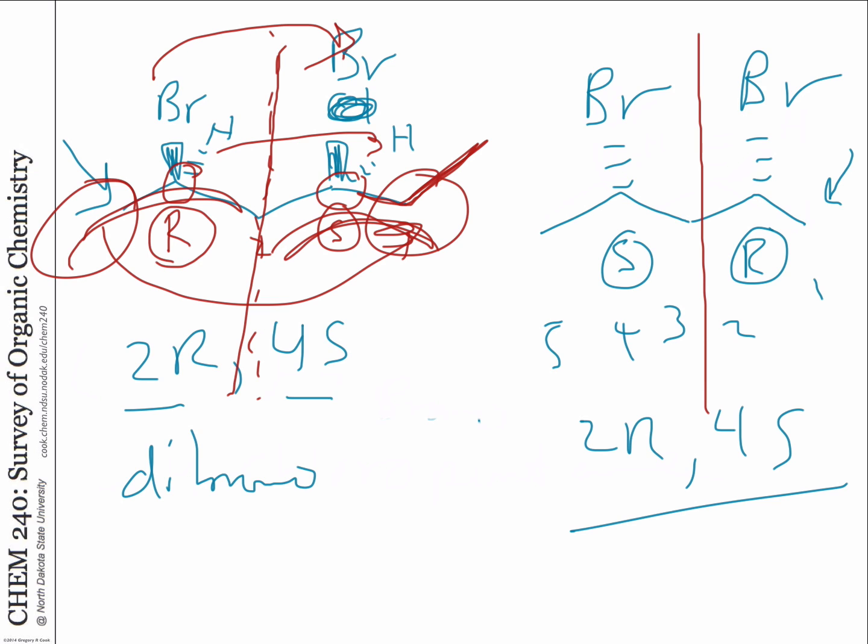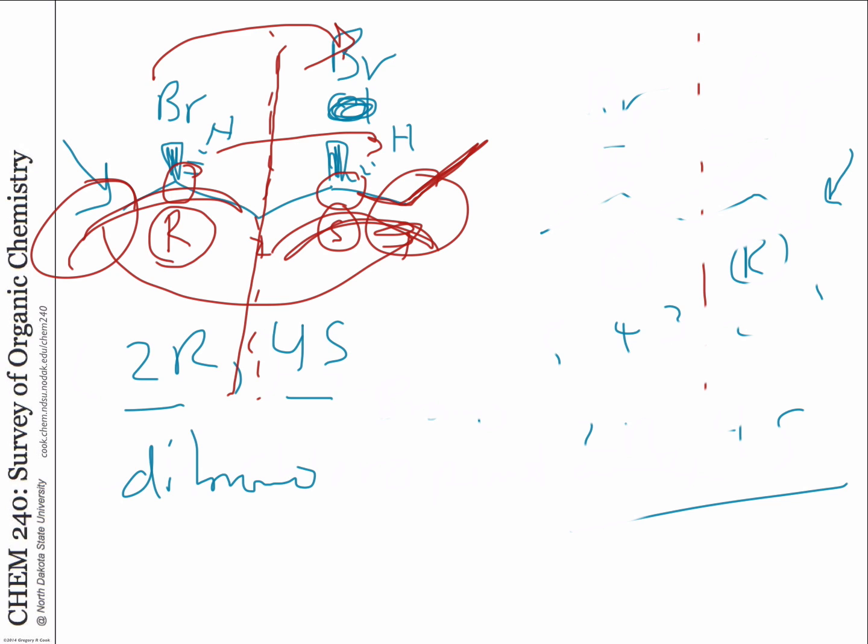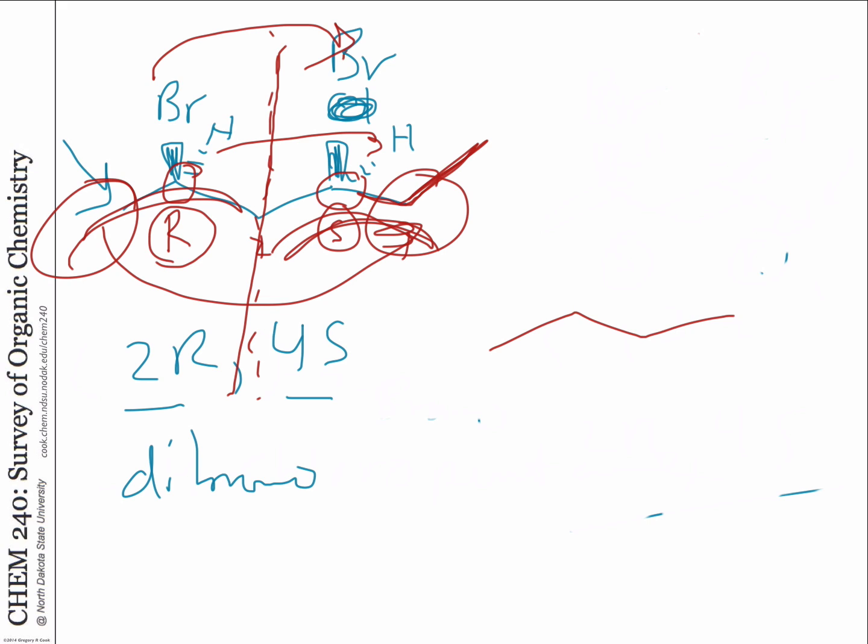So notice I've drawn these so it's easy to see the mirror plane in the molecule, but I could draw it in a different way, where it's not so easy to see, and that same molecule would also look like this. That's the same molecule. It's not obvious that there's a mirror plane, because I've drawn the carbon skeleton not in a symmetric fashion. I've drawn it differently on the paper, but it's the same molecule.